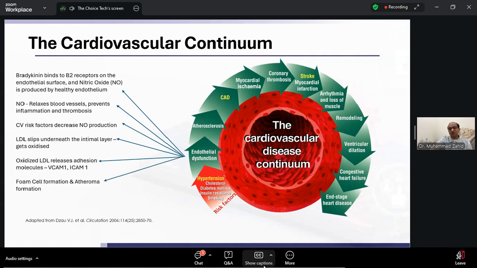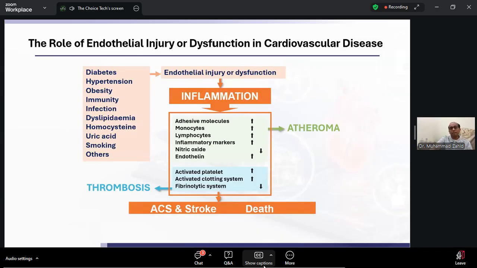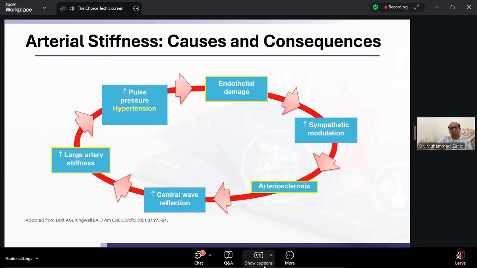Once we have atherosclerosis, the arteries become stiff, they are less distensible, and this goes to a vicious circle in which we have hypertension and related morbidity and mortality. So the risk factors lead to endothelial dysfunction that promotes atheroma formation and thrombosis, leading to cardiovascular deaths and morbidity.